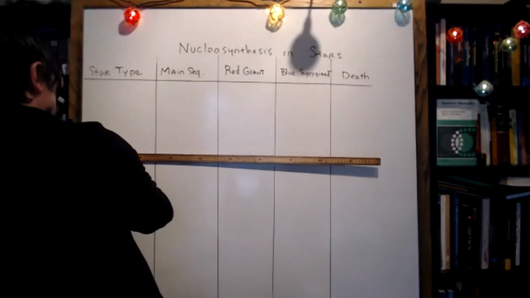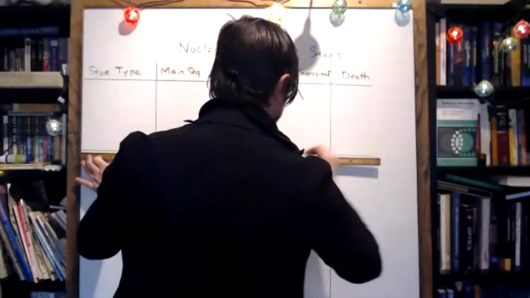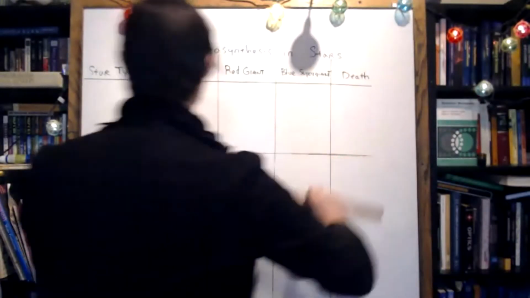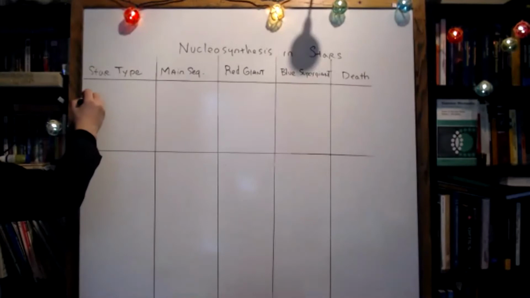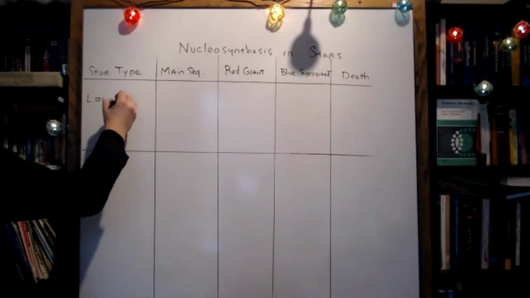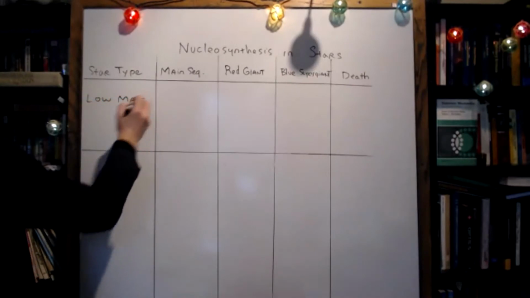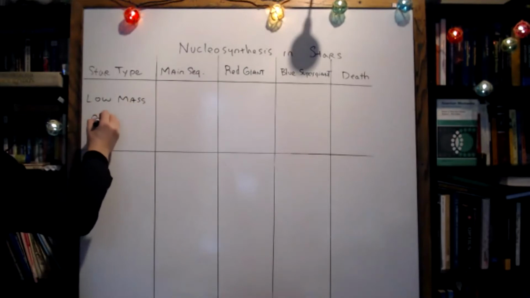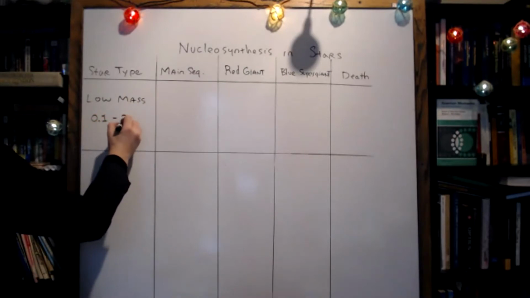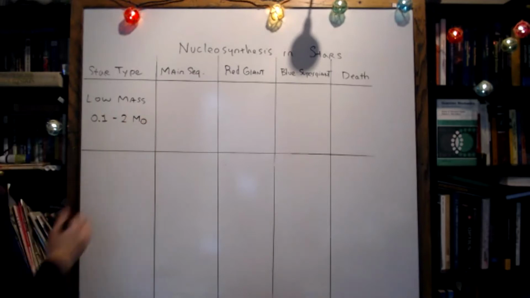First, at the bottom, we'll do the low mass stars, which is 0.1 to 2 solar mass units.